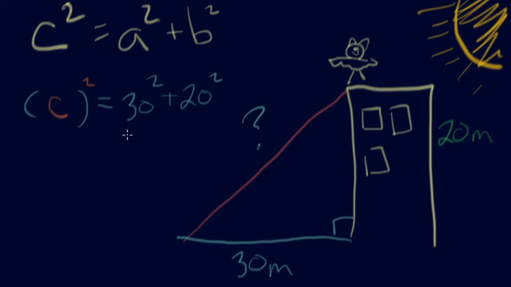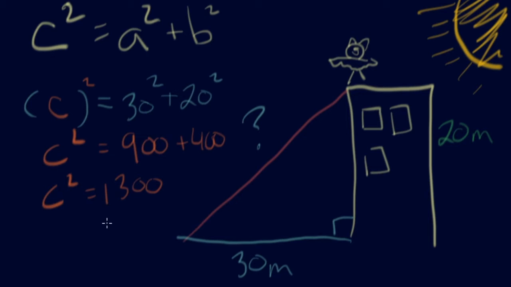So we're going to have, I believe, 900 plus 400 is equal to c squared. So c squared is equal to 1300. Then I need to take the square root. I take the square root of 1300, and hopefully you're thinking of what numbers multiply to give you 1300, probably 13 and 100.